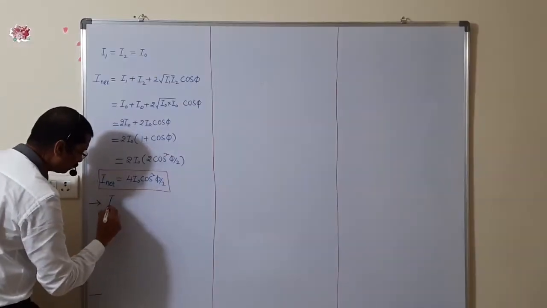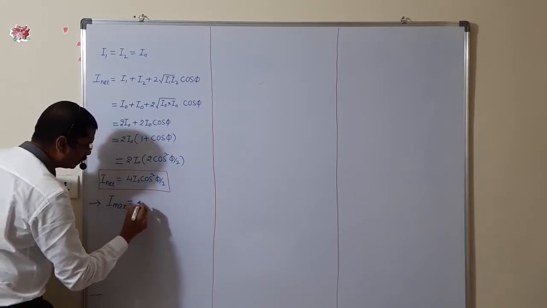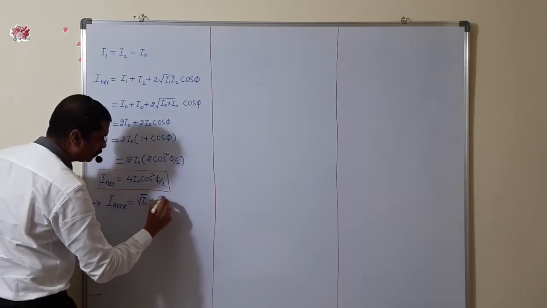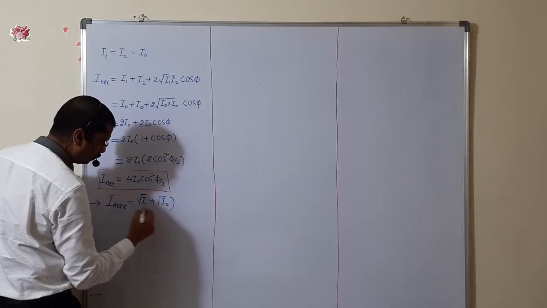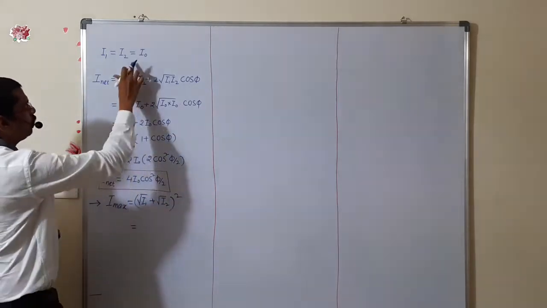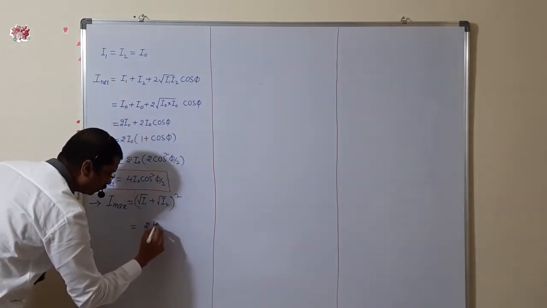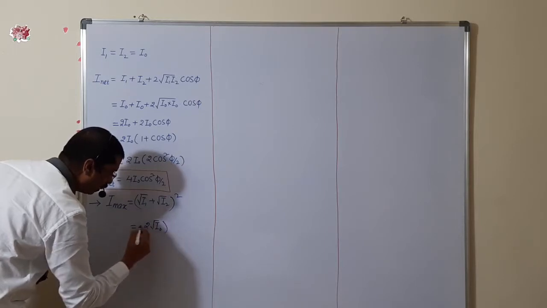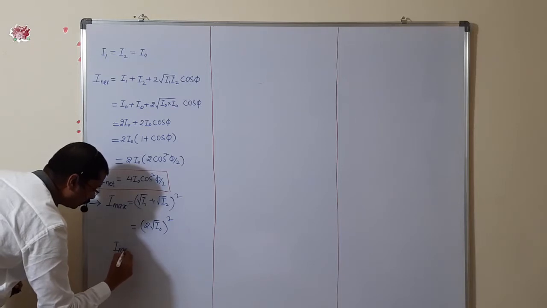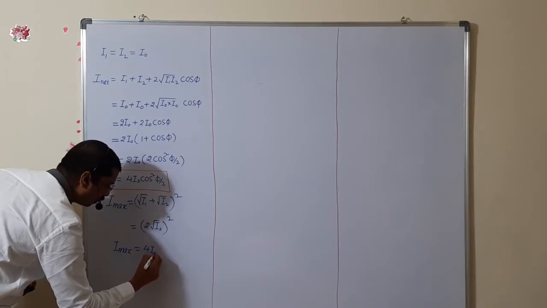The first one is I max equals root I1 plus root I2 whole square. Here I1 equals I0 and I2 equals I0, so 2 root I0 whole square, and I maximum is equal to 4 I0.